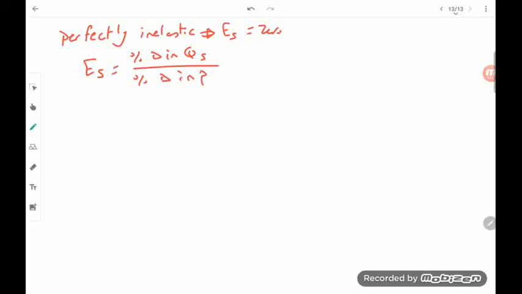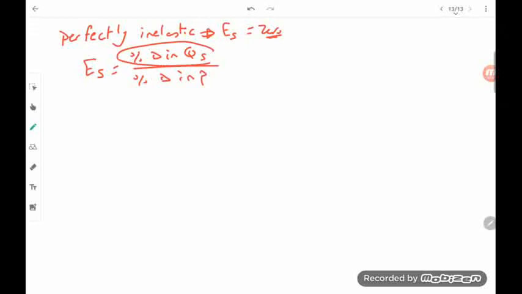Perfectly inelastic means that price elasticity of supply is 0. And as you know, elasticity of supply is percentage change in QS divided by percentage change in price. So in order to have 0, this means that percentage change in quantity is 0.